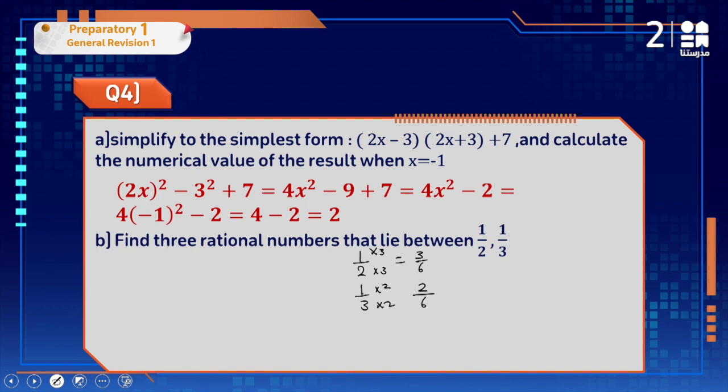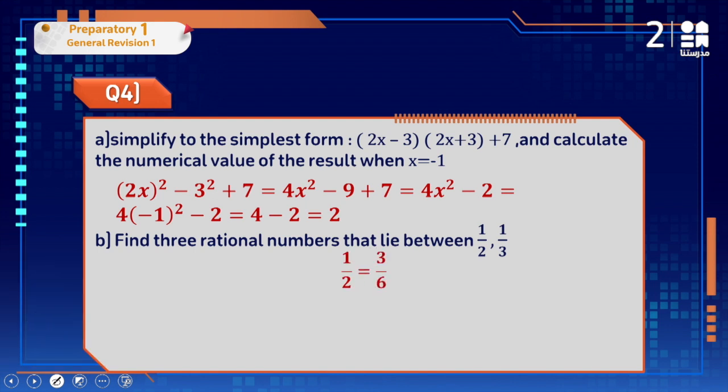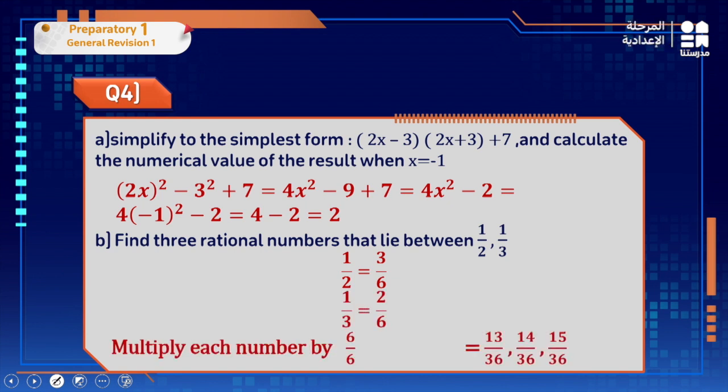Can I put any number between 2 over 6 and 3 over 6? It's hard to do. So I'm gonna multiply by any number to make them bigger, to insert some numbers between them. For example, I picked to multiply by 6 over 6, which is 1.